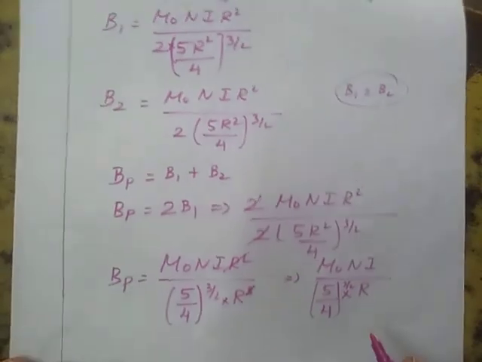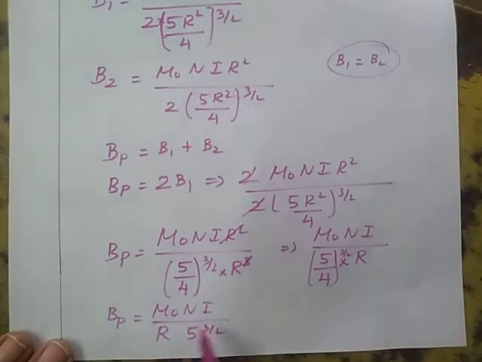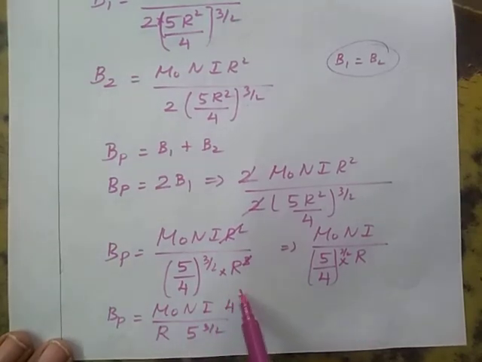Then after solving this, Bp is equal to mu naught N I divided by r into 5 power 3 by 2, over 4 power 3 by 2.